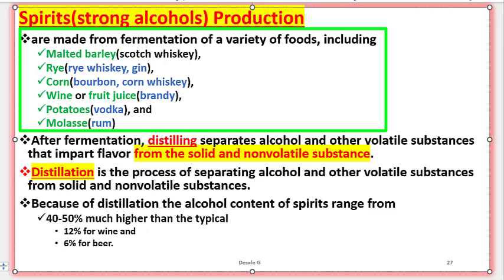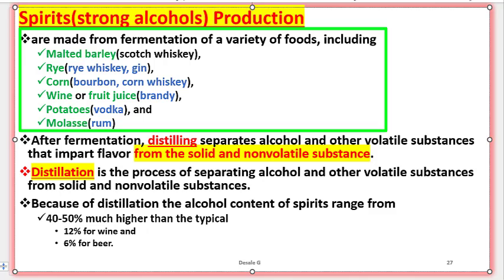So this indicates that selecting and preparing raw materials or the base ingredient affects the spirit's flavor. So we need to choose the right materials or the right ingredients to prepare the required types of spirit alcohol.